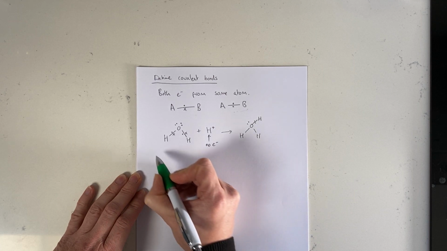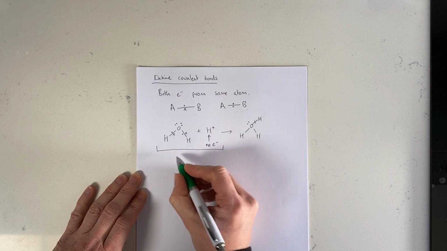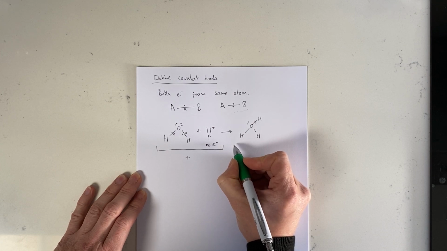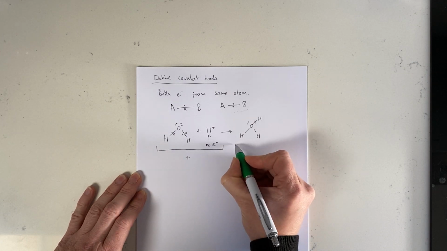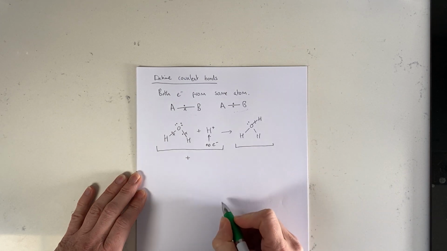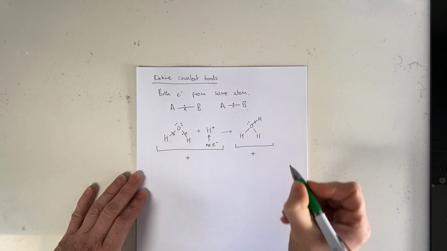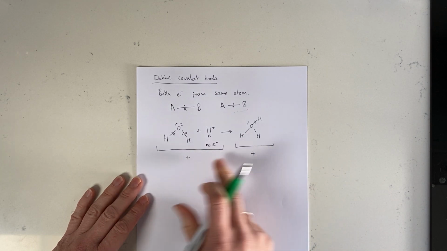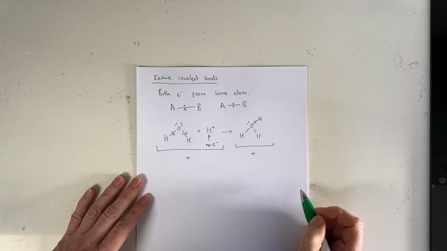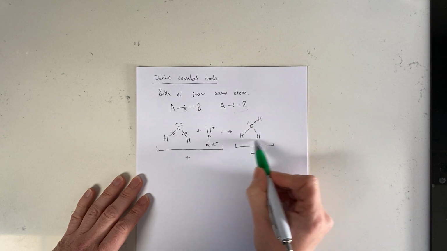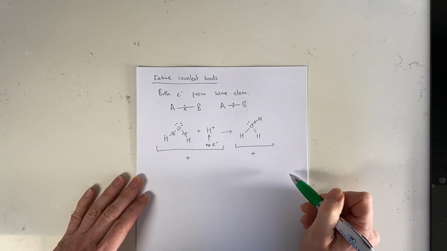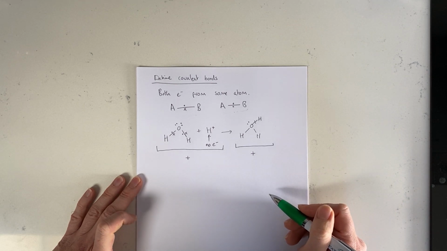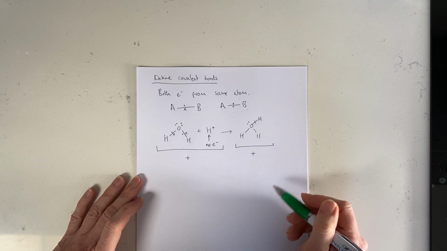Now notice that this side of the equation has got a charge of +1, i.e. we've got one more proton than we have electron. This side of the equation must also have the same charge. So whenever you've got an equation, the charges either side of the arrow have to be the same. And again, we've still got one more proton than we have electron, because we didn't add any electrons, we didn't add any protons, we just rearranged them a little bit.